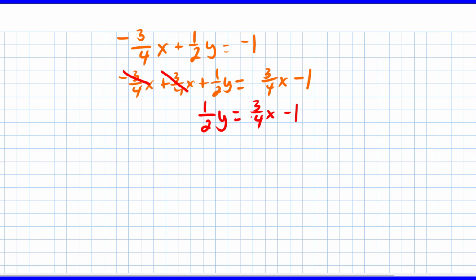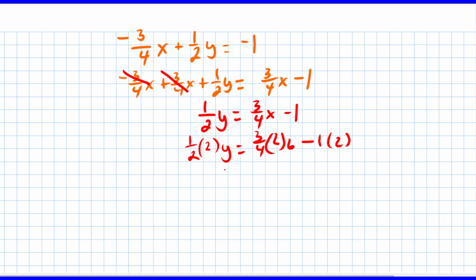So what am I going to do to both sides? I'm going to have to multiply each side by 2, right? So that I can isolate this y. So when I multiply by 2, I have 1/2 times 2y equals 3/4 times 2x minus 1 times 2.